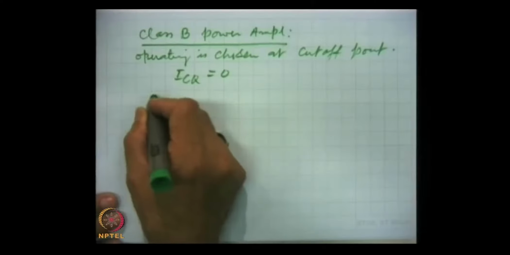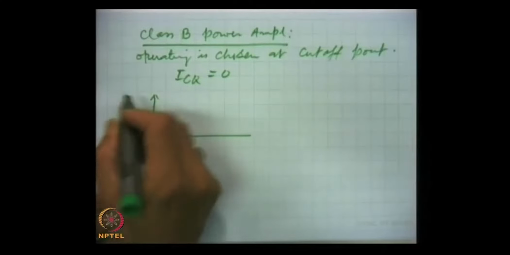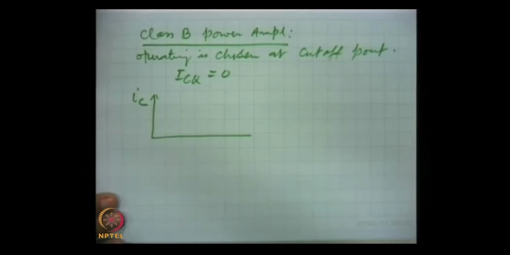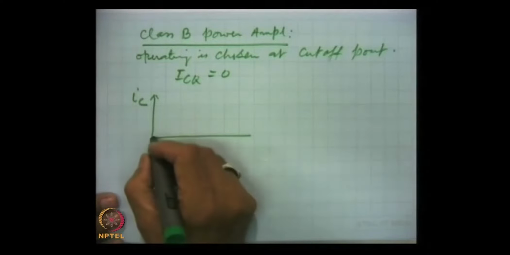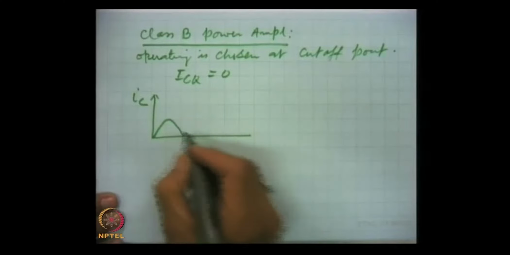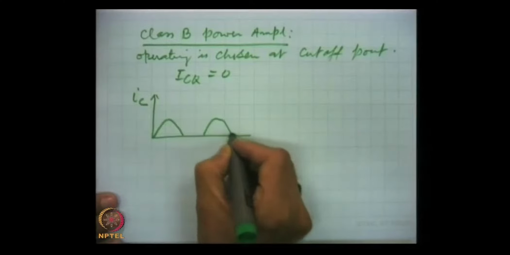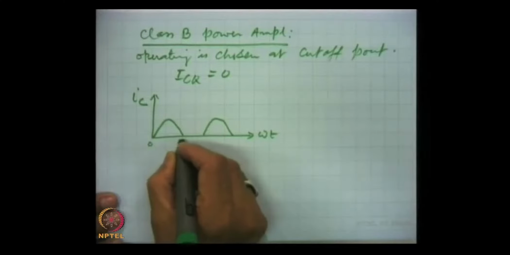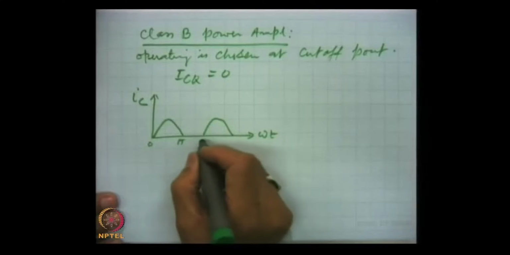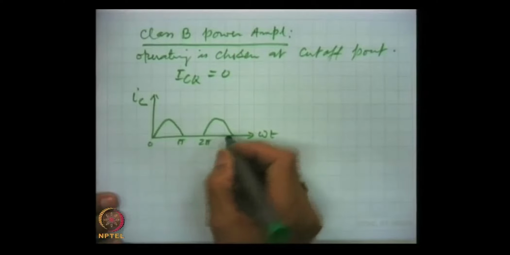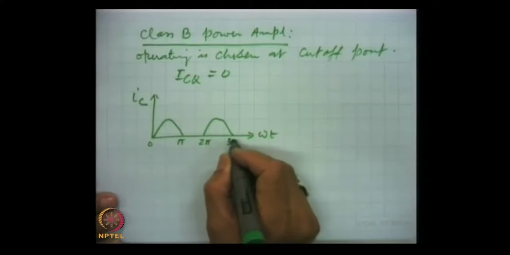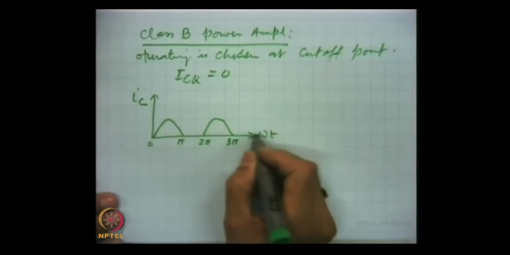Therefore, the output, this is IC, the collector current, will be zero, pi, 2 pi, 3 pi and so on.